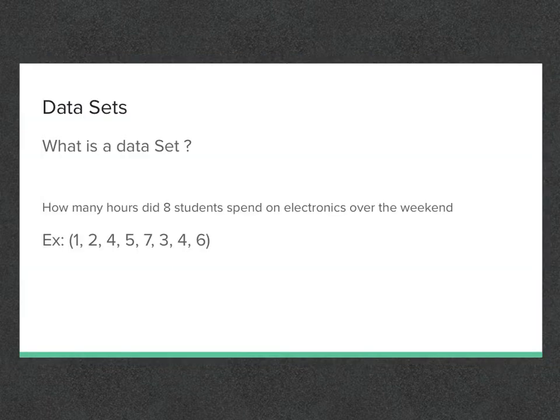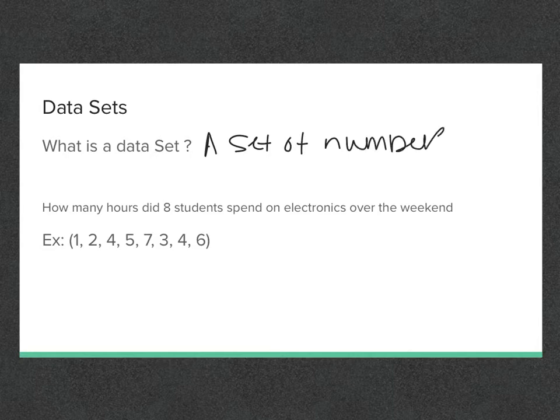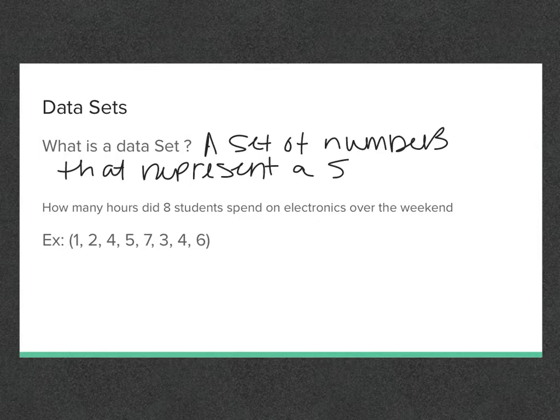So what is a data set? A data set, for our definition, is going to be a set of numbers that represent a set of data. So I could say something like, how many hours did 8 students spend on electronics over the weekend?